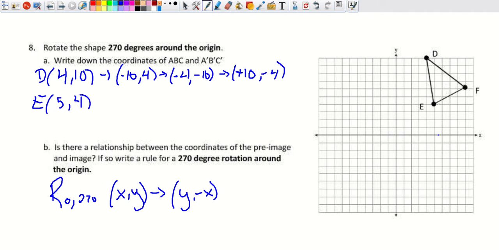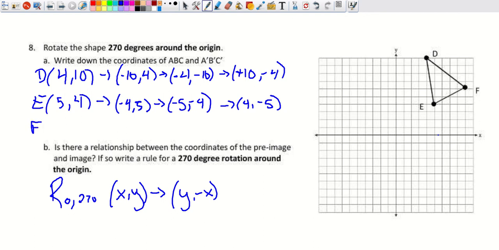If we remember, instead of swap and op, it's op and swap. This should end up being the point 4, negative 5. But we'll get there. So swap and op is going to be negative 4, 5. Then swapping again is going to be negative 5, negative 4, and then swapping again would be 4, negative 5, which is correct.